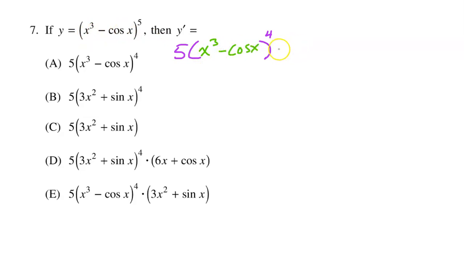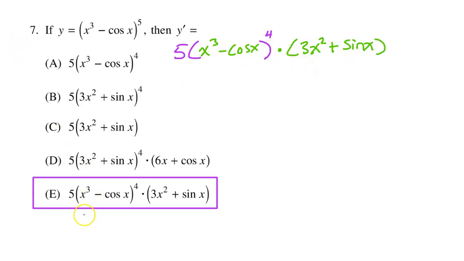However, next we multiply by the derivative of this inner function. So the derivative of x to the 3rd power is 3x squared. The derivative of cosine is negative sine. So the negative, we'll switch the existing negative sign to a plus sign. And that's it. So the answer is E.